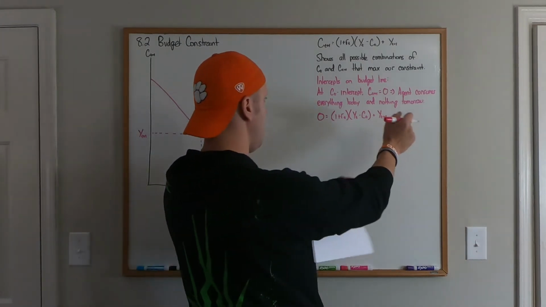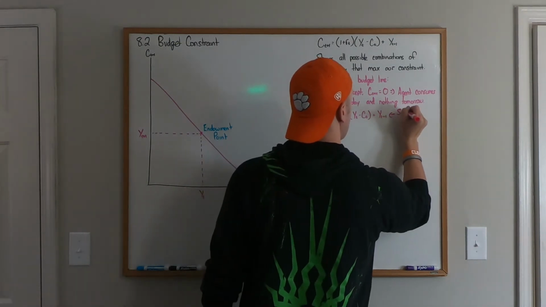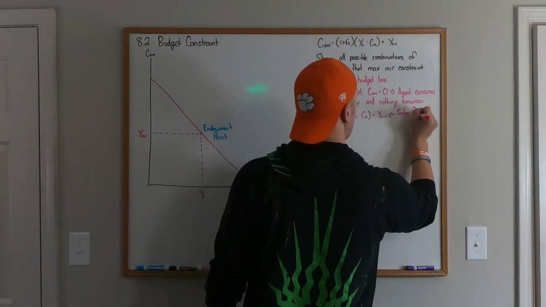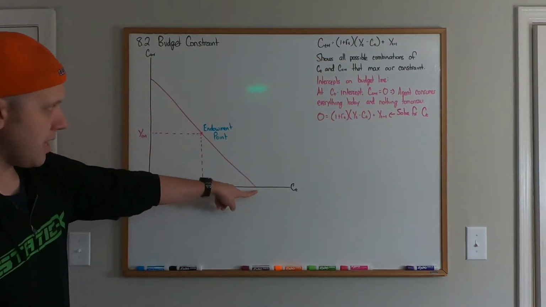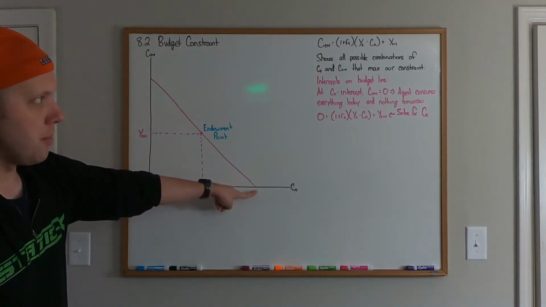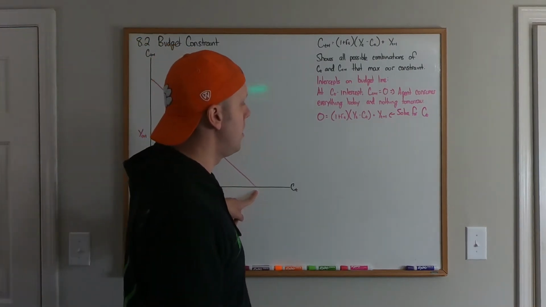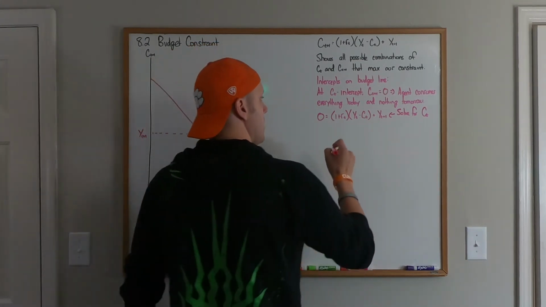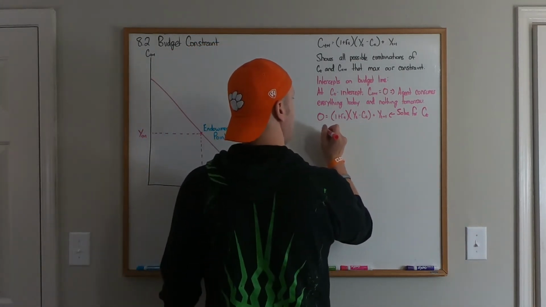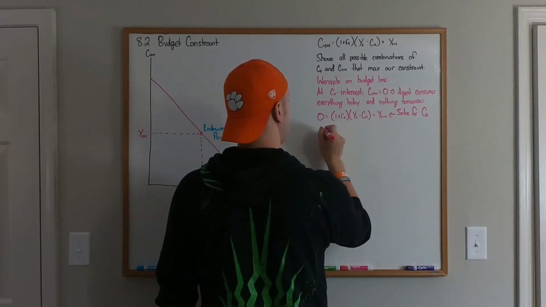We're going to want to solve this for CT. Why do we want to solve it for CT? Well, because that's the axis that we're interested in. So we want this in terms of CT when CT plus 1 is equal to 0. So what do we do? Well, let's distribute this 1 plus r all the way through this YT minus CT.